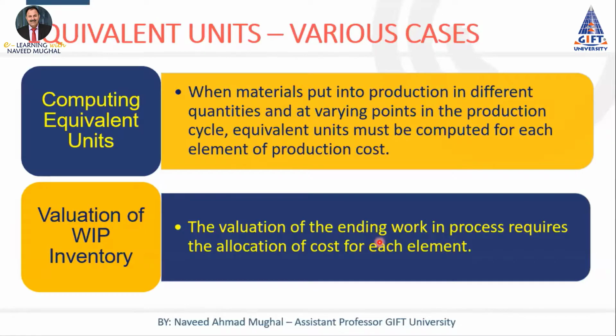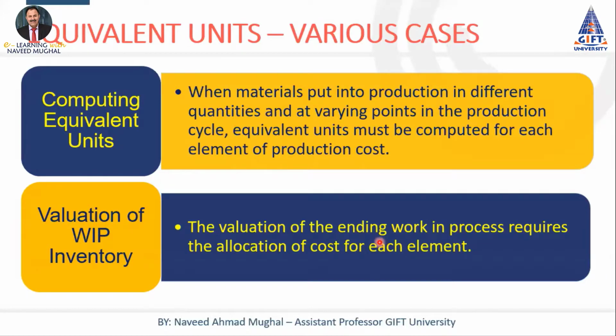Whatever cost is included in work in process inventory, that might be material, that might be labor, that might be factory overhead, that might be previous department cost. So we will show all cost elements separately. In this way, we will have the proper information for our calculation of cost and working for the weighted average cost method.